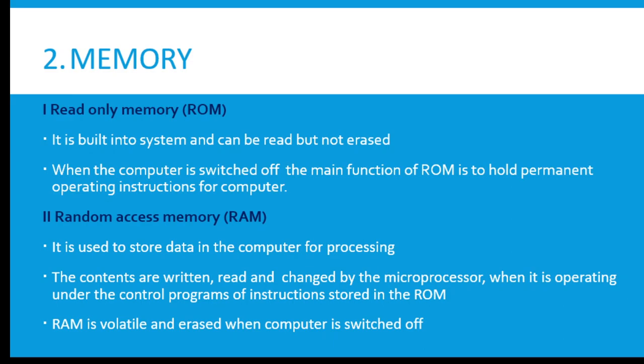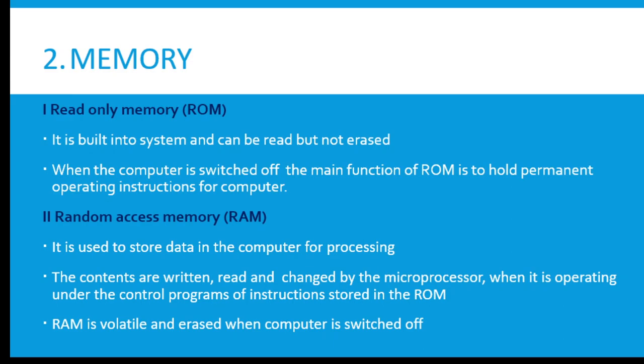And the second type of memory is called random access memory, which is also called RAM. It is used to store data in the computer for processing. So when the RAM is more powerful, the processing of the computer is also very fast.